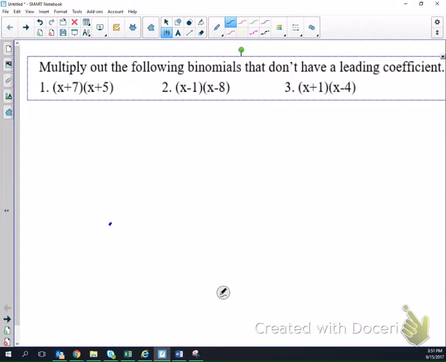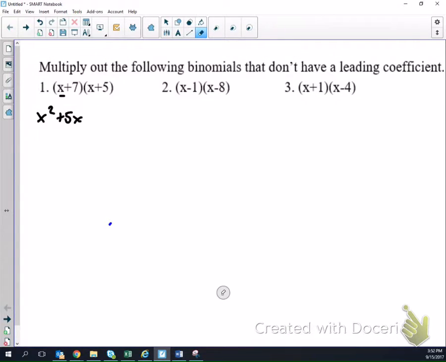All right, so first we're going to be doing our distributive property of x times x. So we have x squared, and then x times the 5, so a 5x. And then 7 times the x, so plus a 7x. And then plus 35.